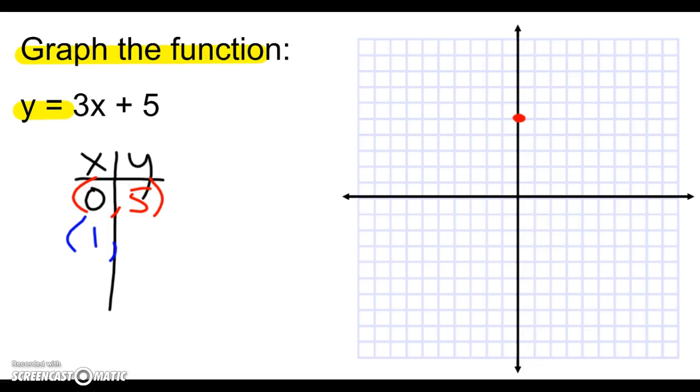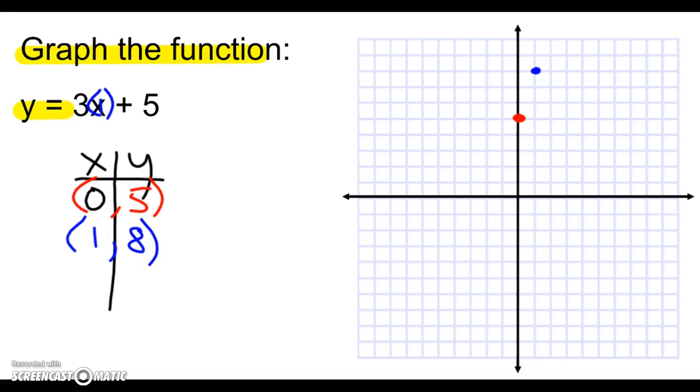Sometimes you'll have to put in different numbers for x, and you'll see why when we get to that point. But for now, we can choose some very simple numbers. So 3 times 1 is 3, plus 5 is 8. So over 1, up 8. That point is going to be right there. So that's going to continue climbing in that direction.